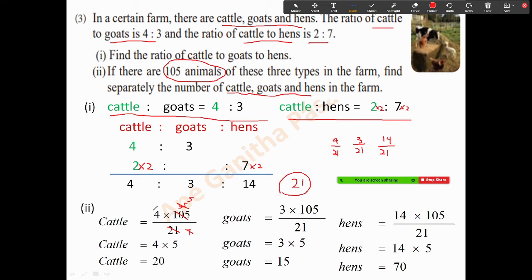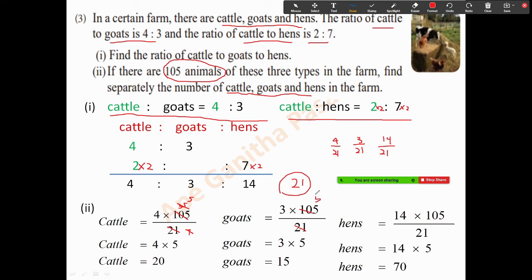So, what is the answer? 4 multiplied by 5, 20 cattle. Now, you know when you divide 105 by 21, that is 5. So, directly you can divide here. Answer is 5.